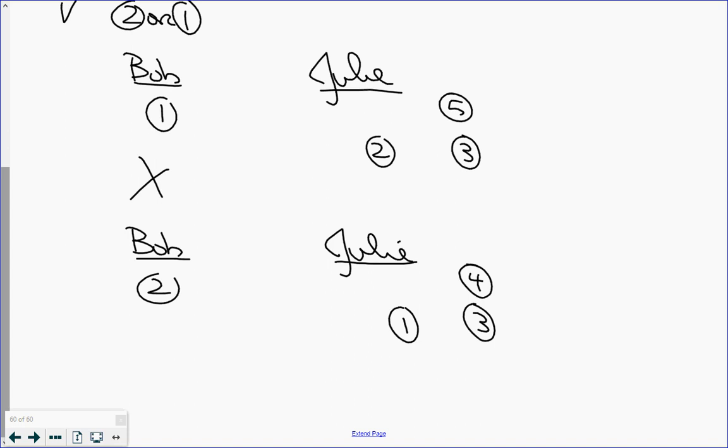Because then Bob would take 1. Okay, I'm confused. Why is this not working? If he takes 2, that would leave 4. If she takes 1, that would leave 3, which means Julie wins. If she takes 2, that would leave 2, which means Bob would win. But that's not a guaranteed win.